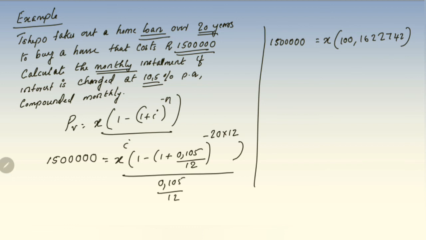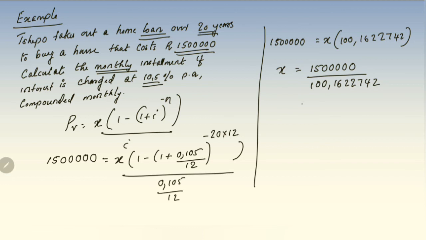Therefore, the monthly installment x is equal to 1.5 million divided by this one, that is 100.1622742.